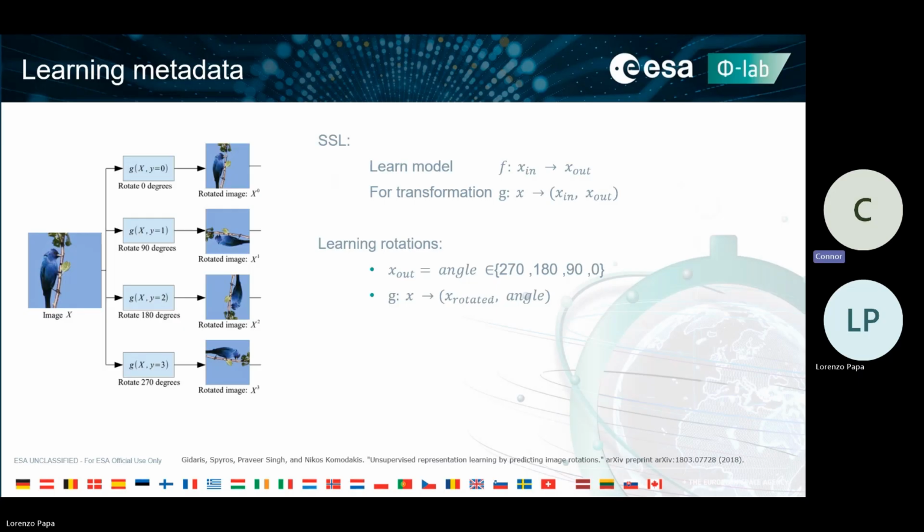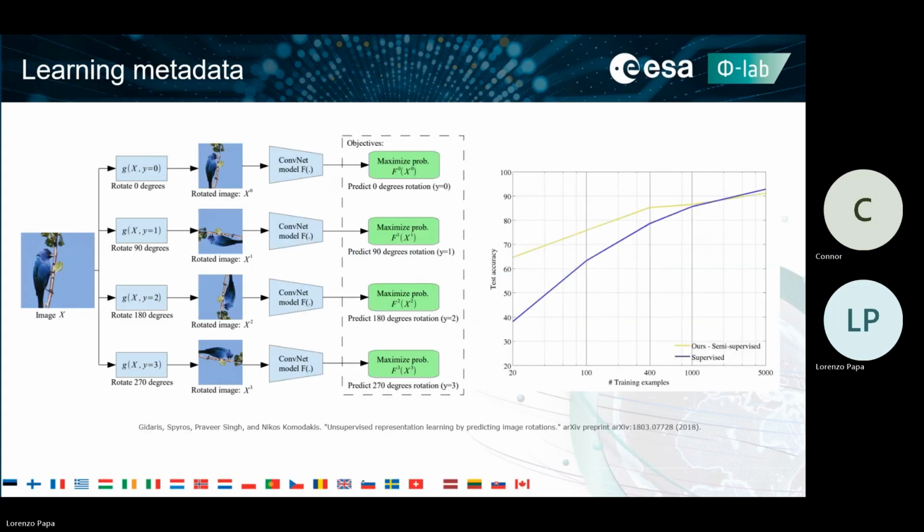So, just to use a bit of math, we have our learning model, we have the transformation that we want to learn, our output will be the angle, in this case, and we have the design that is the angle and its rotation that is applied here. As you can see here, rotation is represented as classes, so 0, 1, 2, instead of values, but at the end it is the same. So what happens?